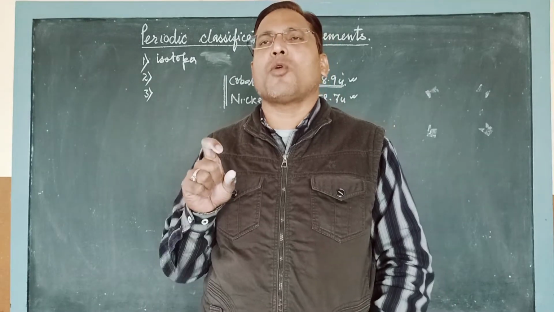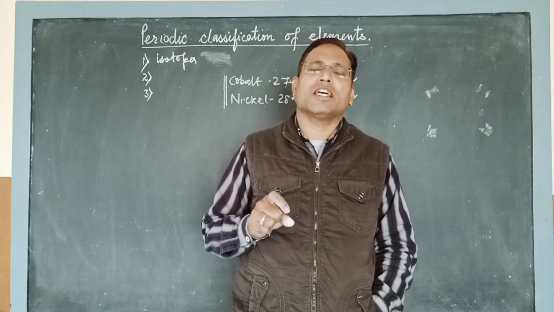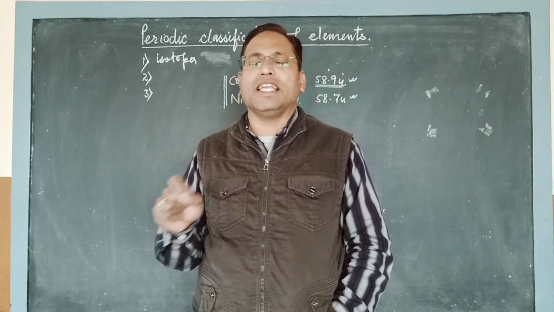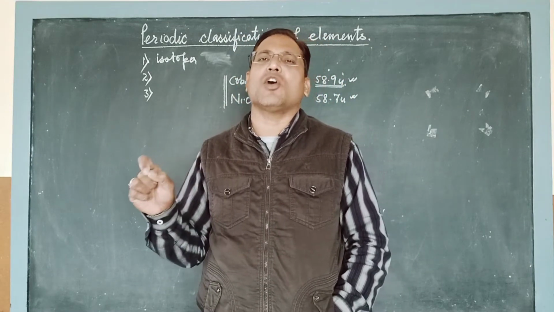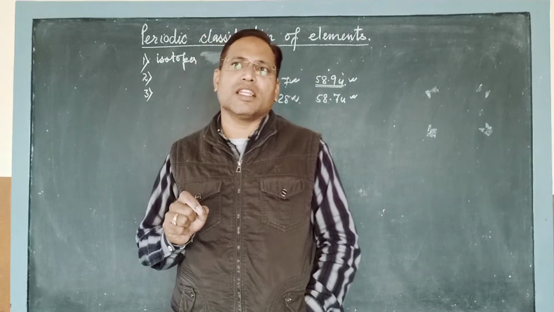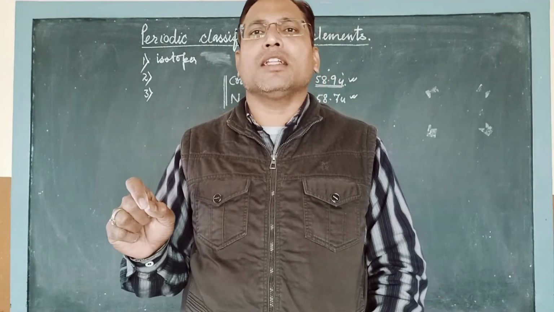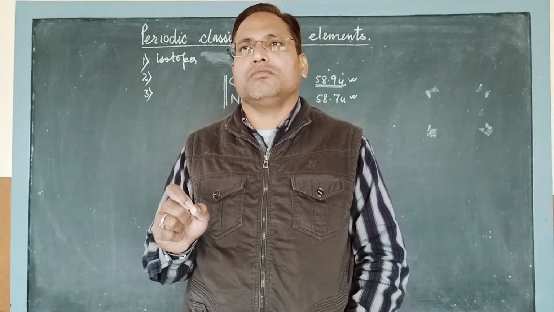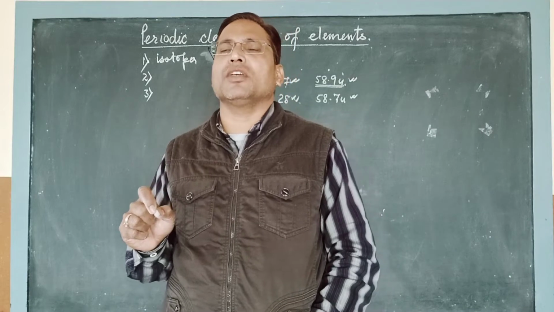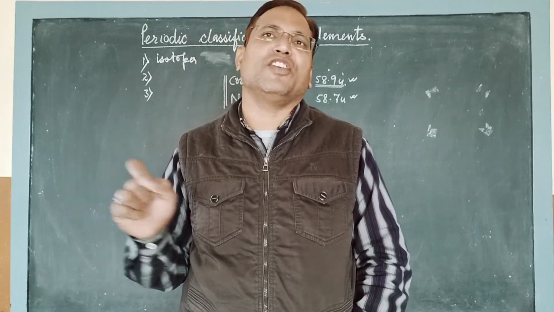That means in the modern periodic table, as per the modern periodic law, the elements are arranged in increasing order of their atomic number, and it is seen that when arranged this way, the properties repeat. They repeat as per the electronic configuration.